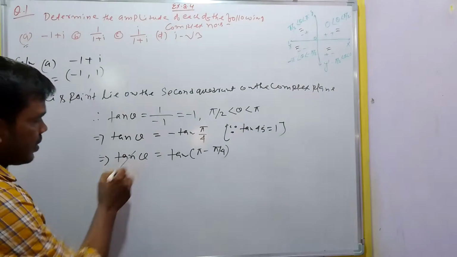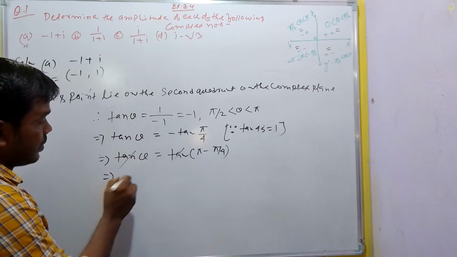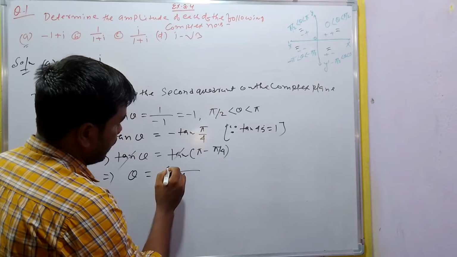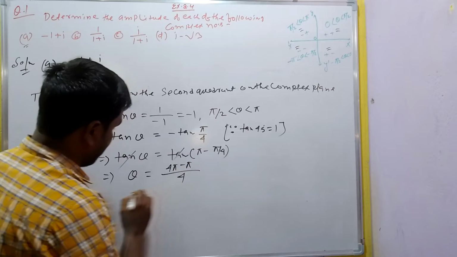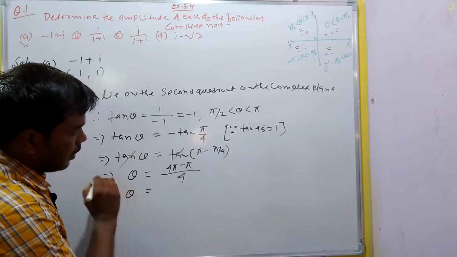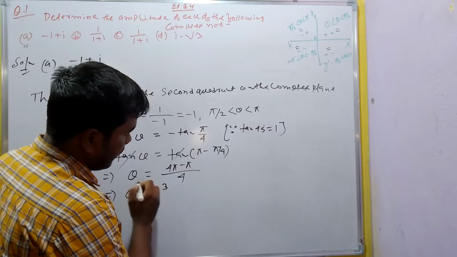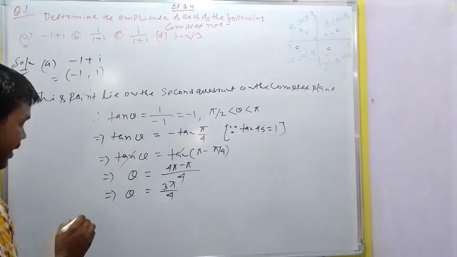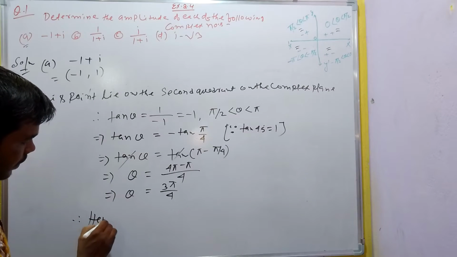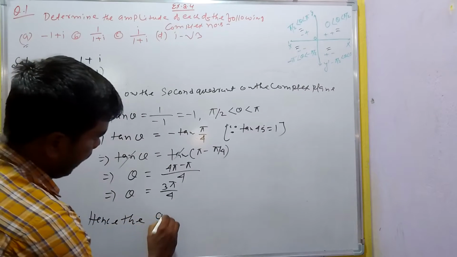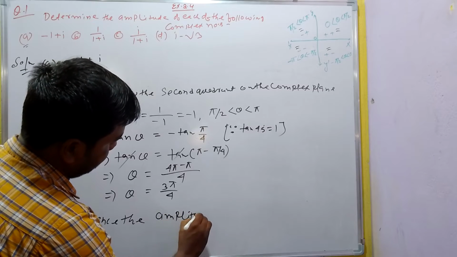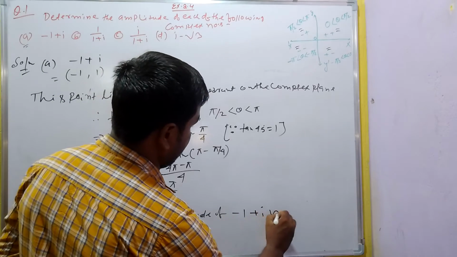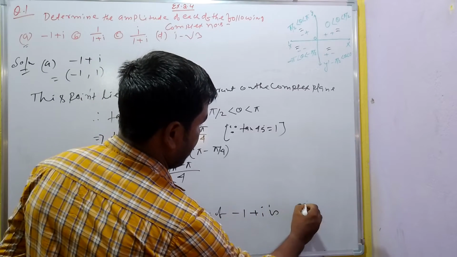Now this tan will be cut, so theta equals, you take LCM 4, so 4 pi minus pi, then theta equals thrice pi by 4. Therefore hence the amplitude of minus 1 plus i is thrice pi by 4.